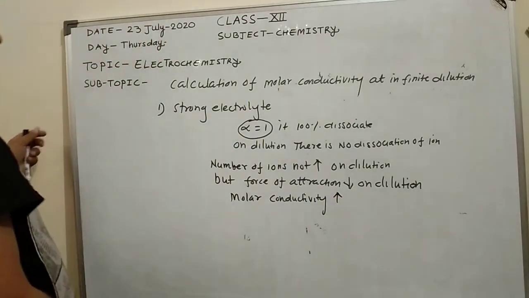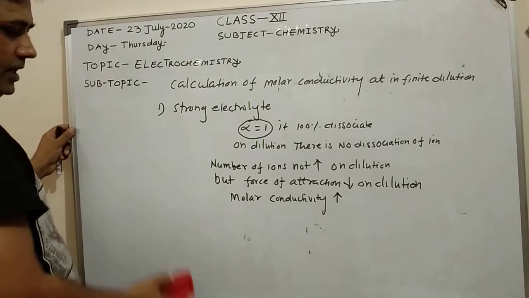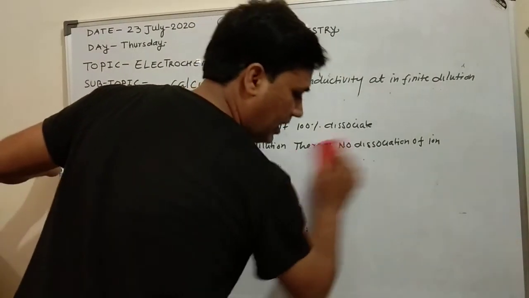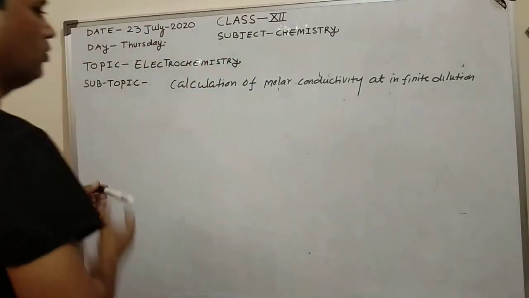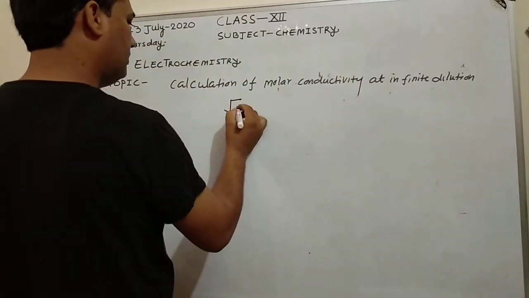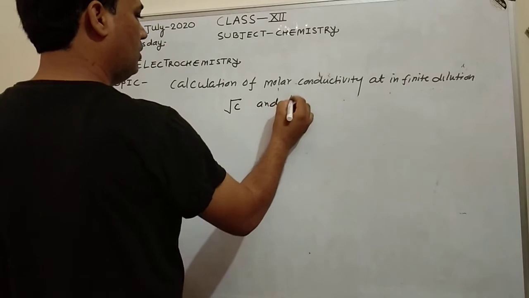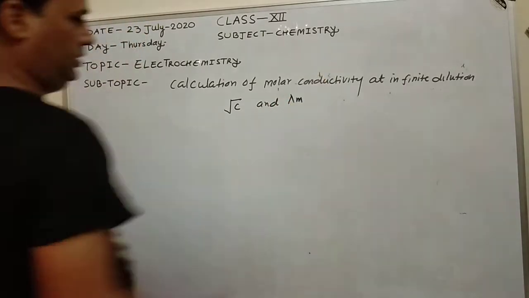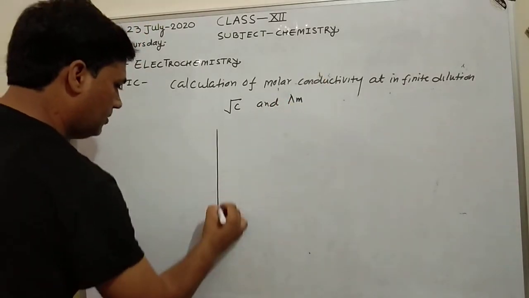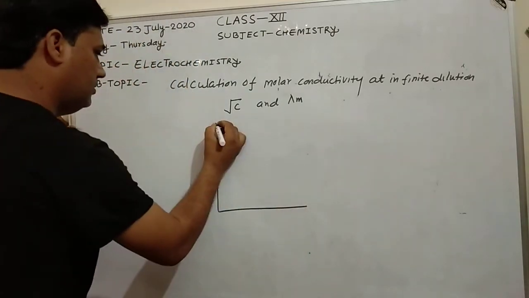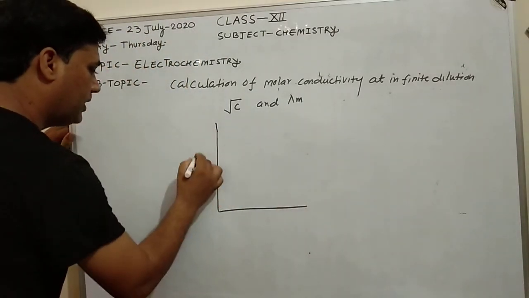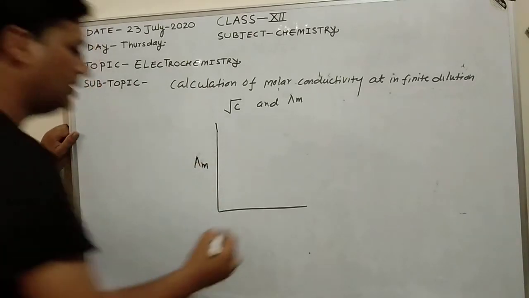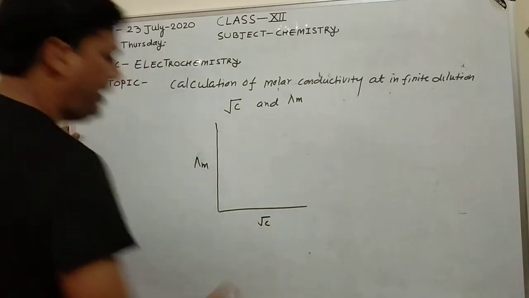How molar conductivity increases we can easily understand with the help of a graph, by plotting a graph between root of concentration and molar conductivity. This is a graph with molar conductivity on the y-axis and concentration on the x-axis.